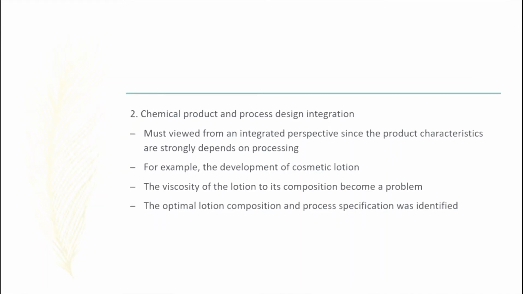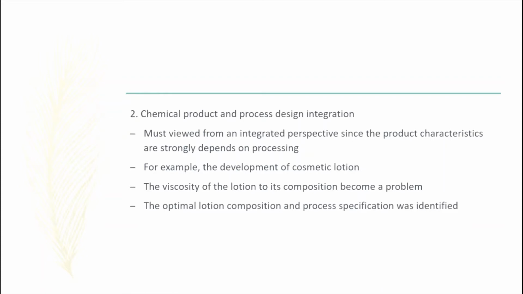The second procedure is chemical product and process design integration. The products must be viewed from an integrated perspective since the product characteristics strongly depend on processing. Chemical products are greater than their raw materials, reducing efficient processing. So I will give you an example of integrating chemical product and process design, which is the development of cosmetic lotion.